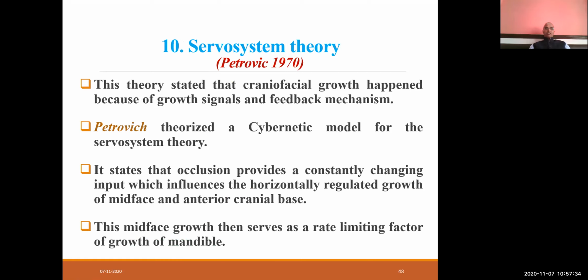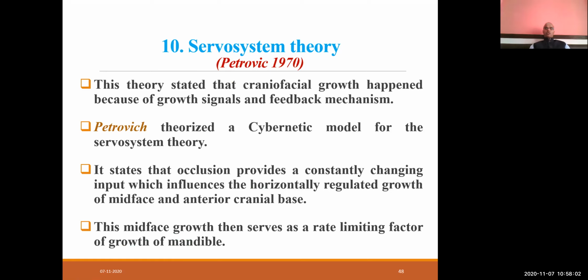So Petrovic theorized a cybernetic model for the servo system. It states that the occlusion provides a constantly changing input. Means changing occlusion gives an input signal, which influences the horizontally regulated growth of the midface and also the anterior cranial base.